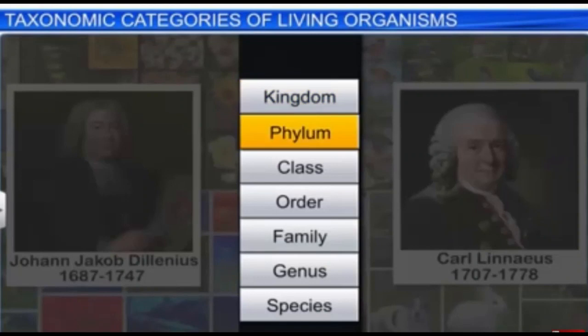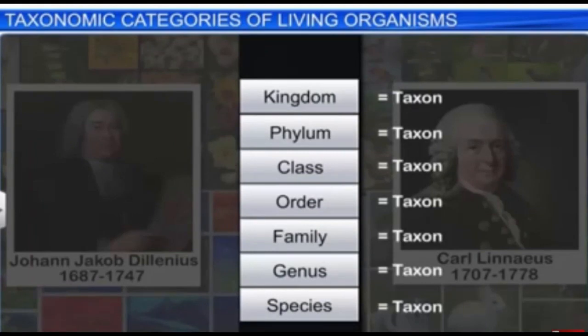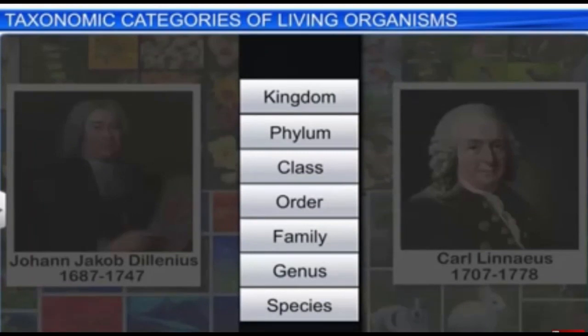Every category is referred to as a unit of classification and is commonly termed as taxon. Since a category is a part of the taxonomic arrangement, it is known as a taxonomic category, and all categories together constitute the taxonomic hierarchy.